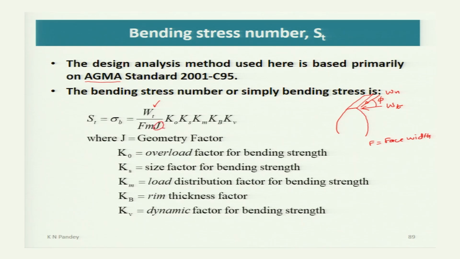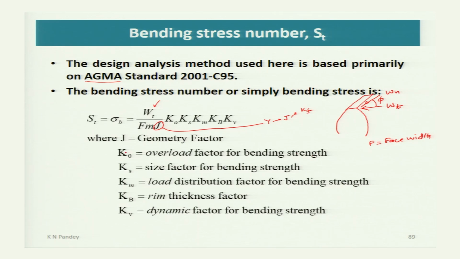In place of Y, the Lewis form factor, here we are using J, which is called the geometry factor. This geometry factor takes into consideration the stress concentration factor Kf and the load sharing. We will see this in our coming slides. Ko is the overload factor for bending stress.